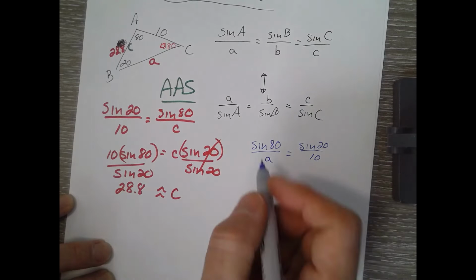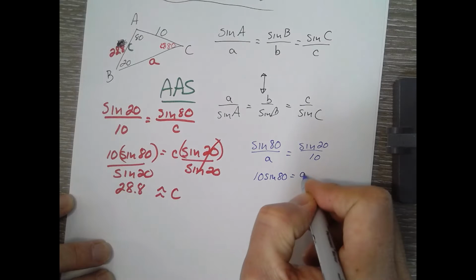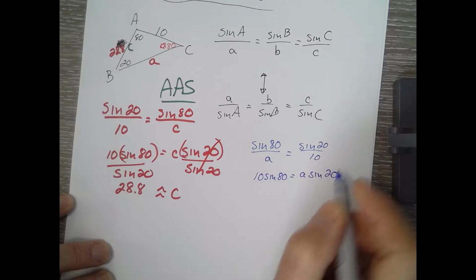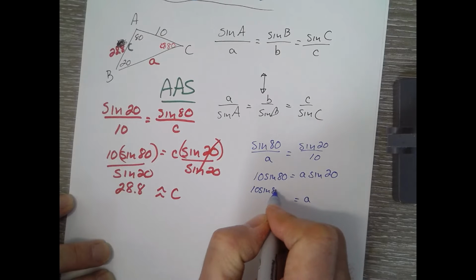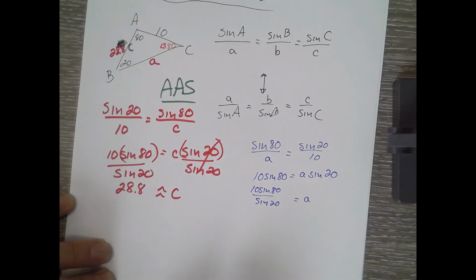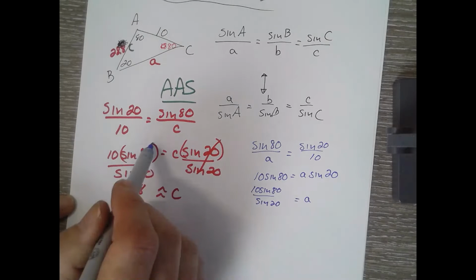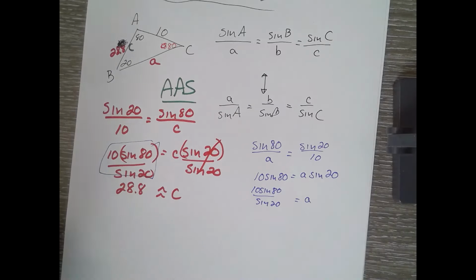So cross multiply. So it's literally the same thing right over there. So we get 28.8. All right, does that make sense?